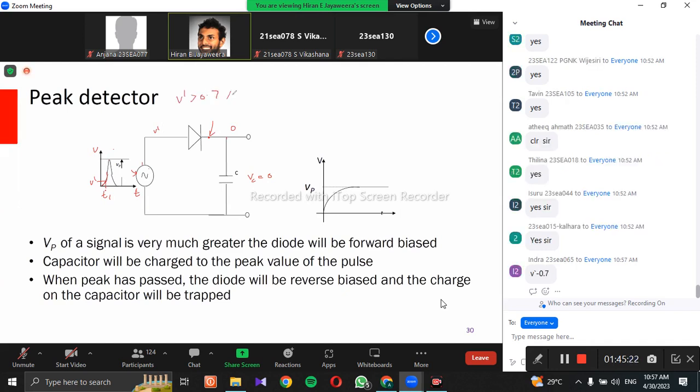Then what is the potential that you expect over here? That is V dash minus 0.7.